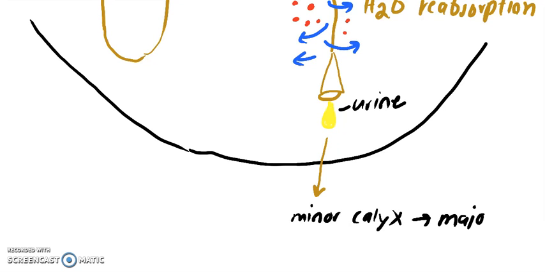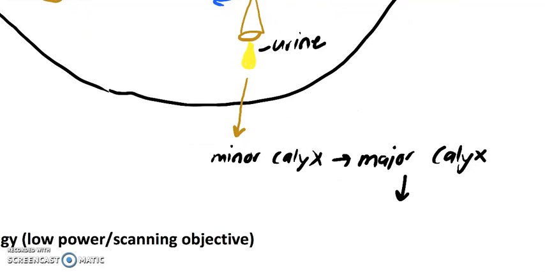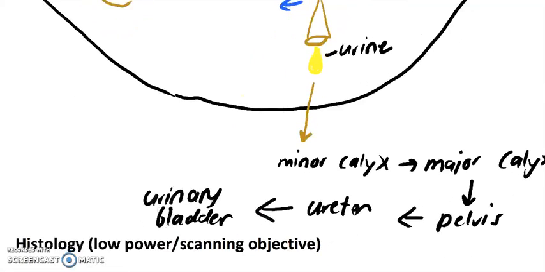This is all just urine flowing in. After that, it's going to hit the renal pelvis, then the tube, the ureter, and then finally it's going to reach the urinary bladder. But this is how and where urine is produced.